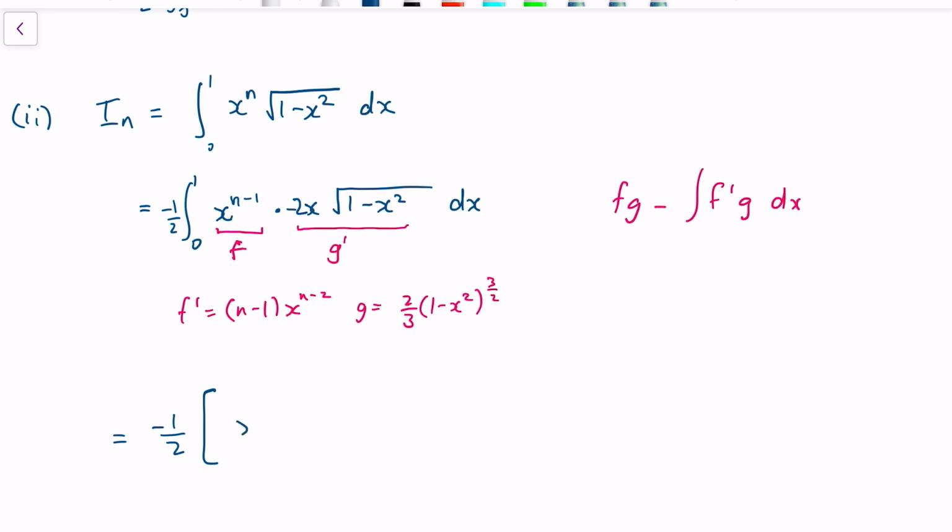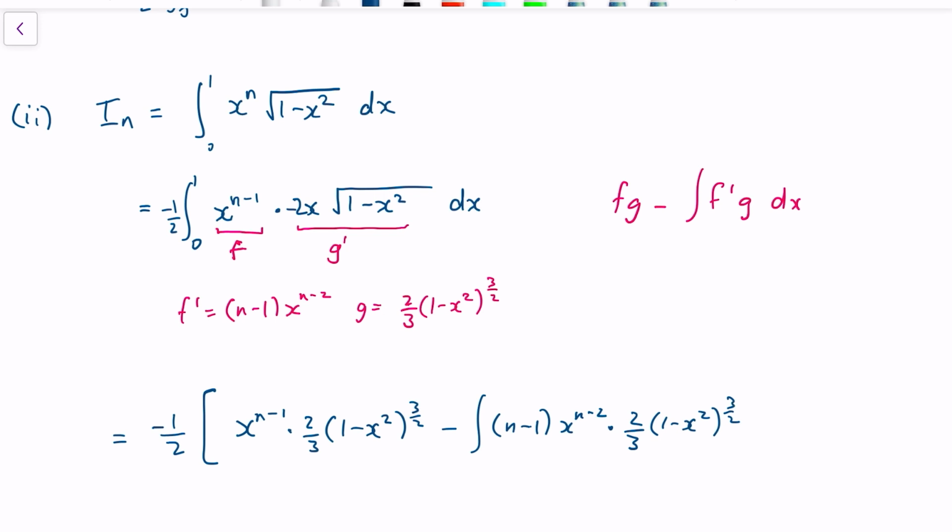So I've got x to the n minus 1 multiplied by g, and then I've got minus this new integral, which supposedly is easier: f dash g, n minus 1 times x to the n minus 2, multiplied by 2/3 times 1 minus x squared to the 3/2.